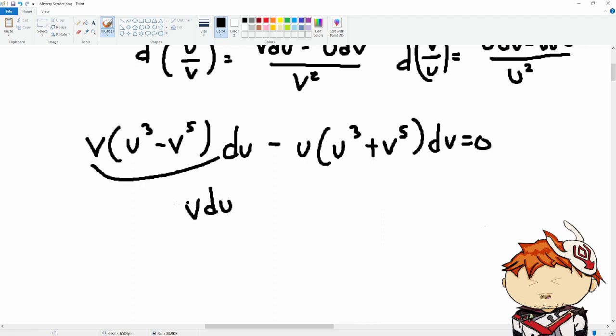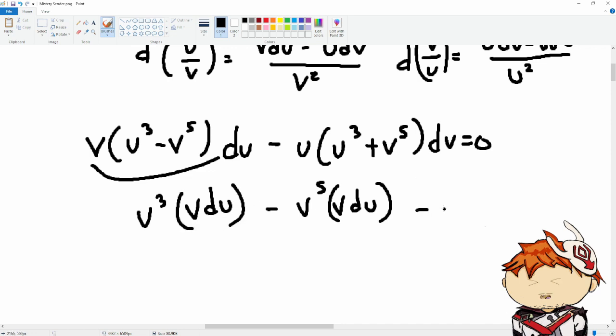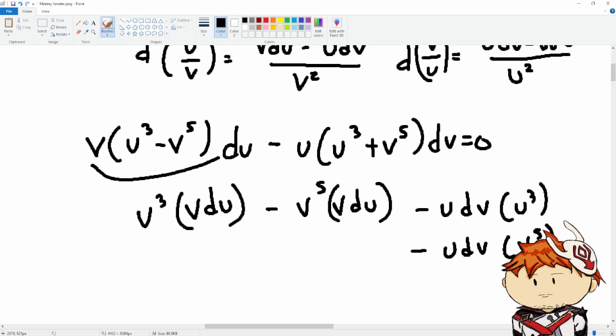we've got VDU over U cubed, minus V to the fifth VDU. I'm going to just separate the VDU minus UDV over U cubed, minus UDV over V to the fifth. So there's positive, negative, negative, negative.